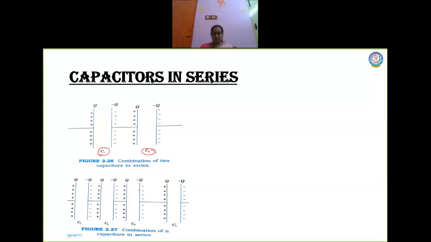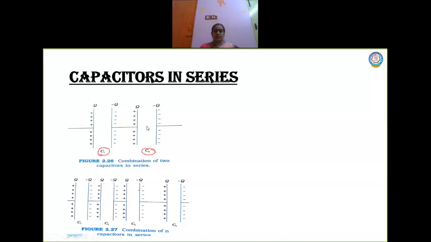Okay, so if it is connected like this, the net charge will be 0, resulting in an electric field in the capacitors, children. So therefore, in a series combination, the charges on the two plates, that is plus or minus Q, are the same on each capacitor.